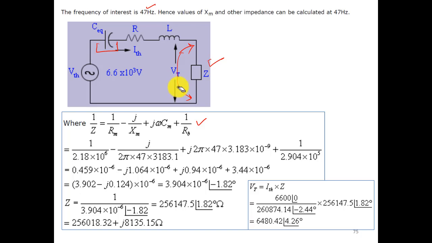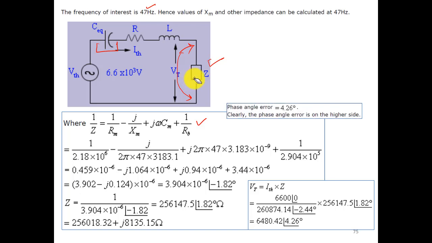Okay, this is VT. So we know VTH, which is the voltage fed to the transformer at the primary side, and VT is the voltage across the burden. Now we can find the ratio error and the phase angle error using these two quantities.